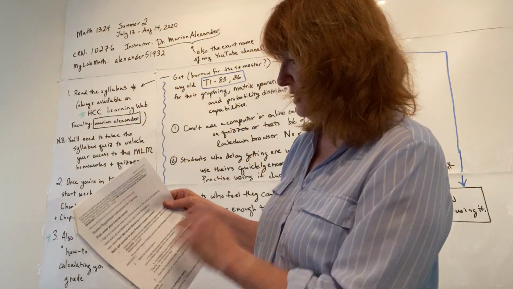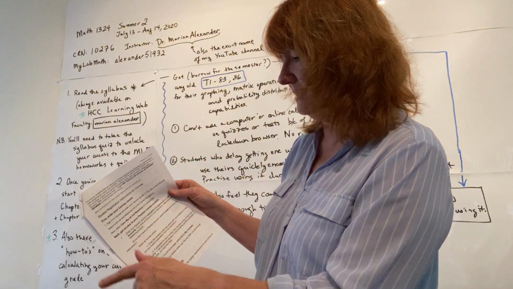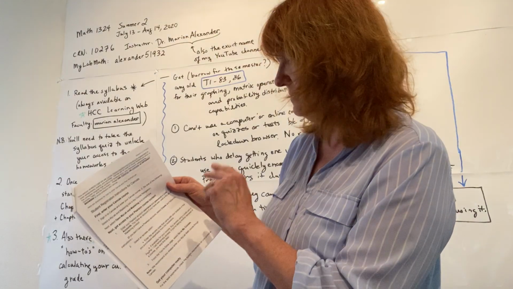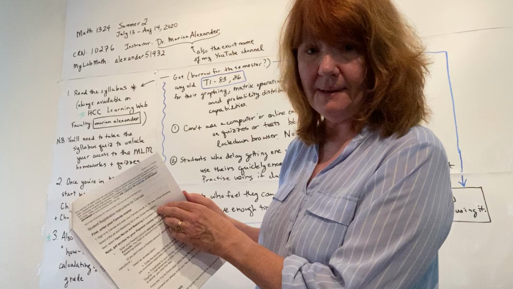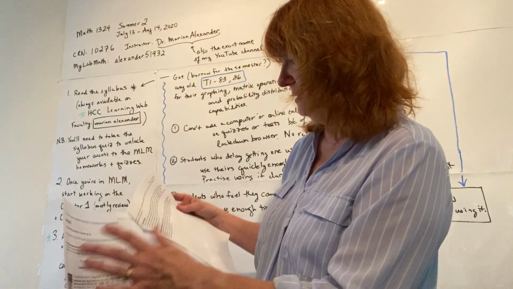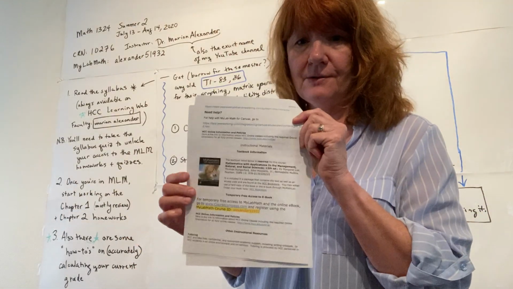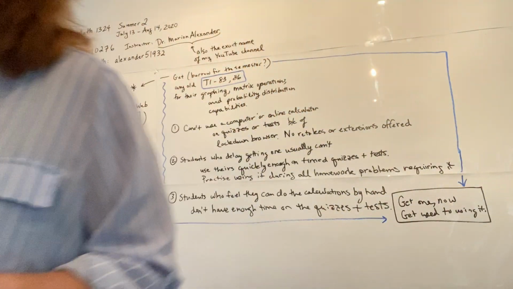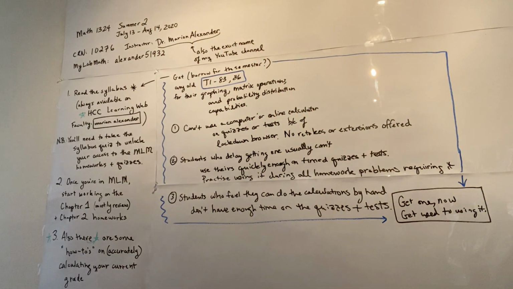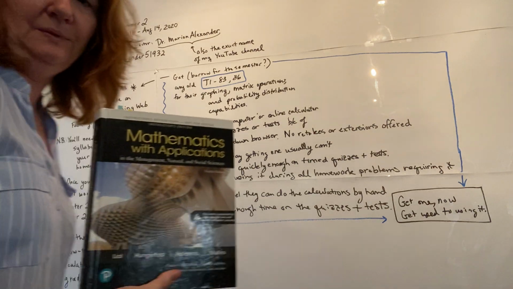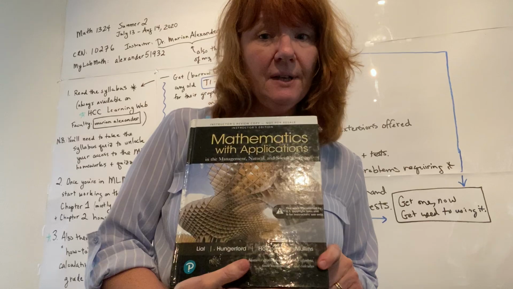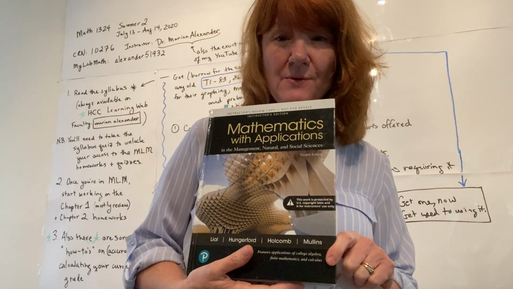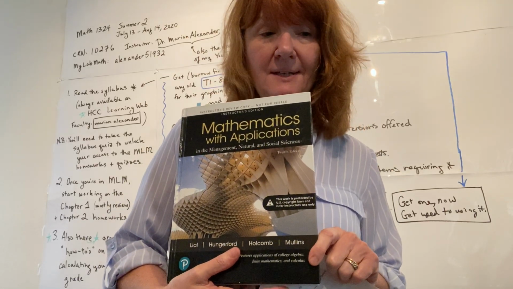There's information from Canvas about how to get into the course and how to get into your MyLab Math course from there. Here's the picture of the book, and here is the book. And back. We've been using this for a number of years, a number of semesters, so there are a lot of used copies of this thing floating around.